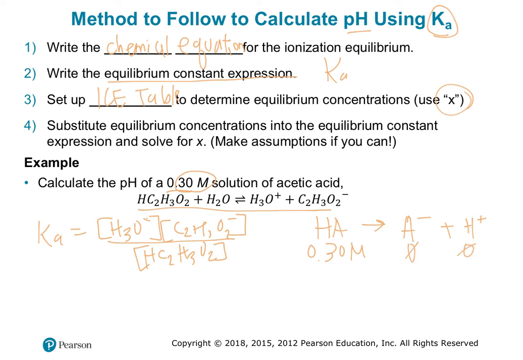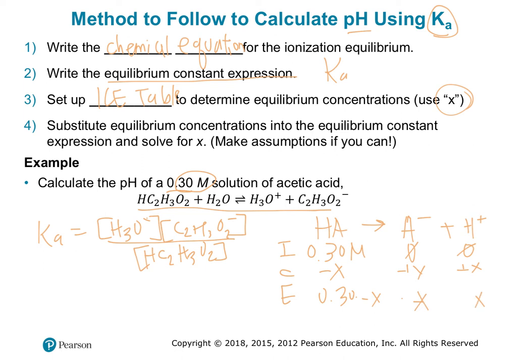Now, we don't know how much it changed by, so we're going to write minus x, plus x, plus x. So we have 0.30, I'm not going to write molar, and then write minus x, and then x and x.